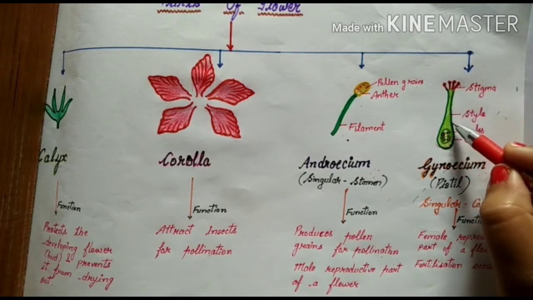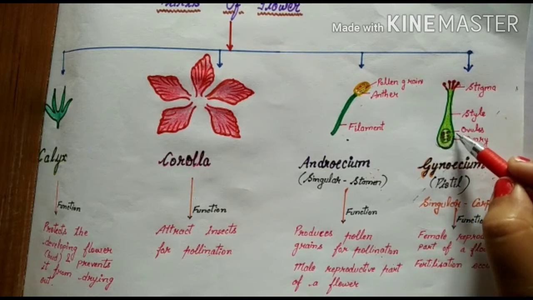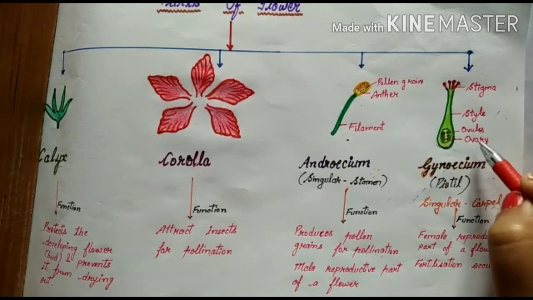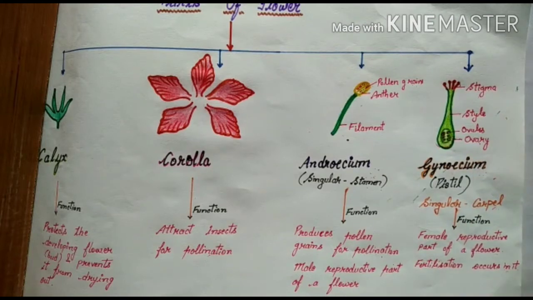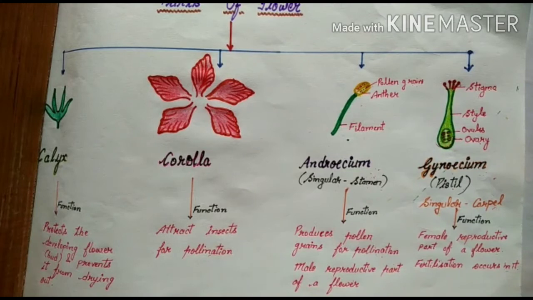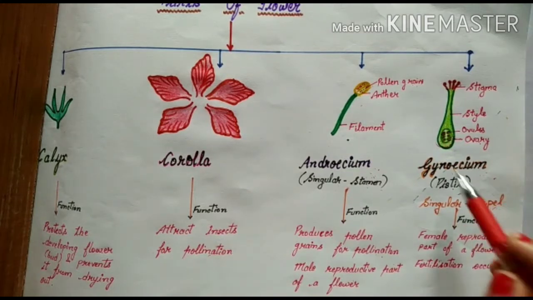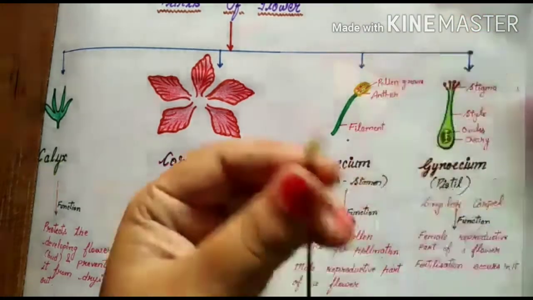The cylindrical part is called style and the lower swollen part is known as ovary, and this ovary contains ovules. Gynoecium is also known as pistil, and in singular it is carpel, and many carpels group together to form gynoecium.